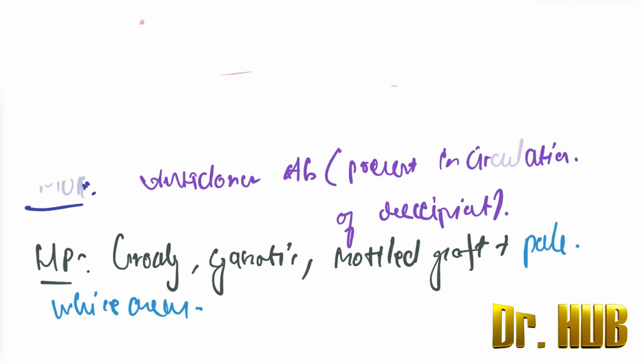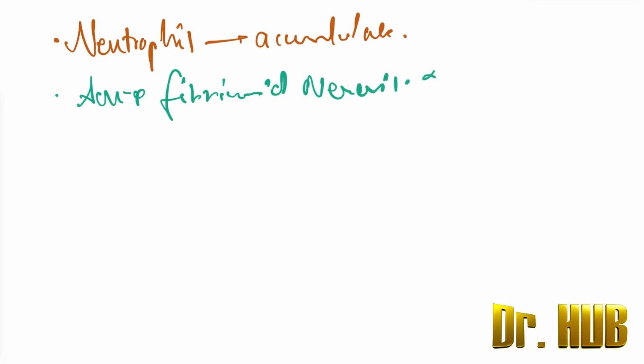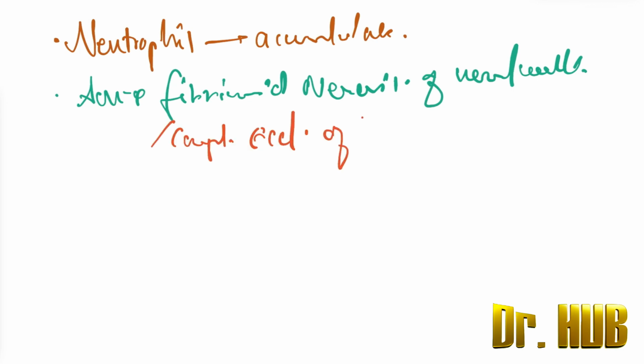There are also neutrophils which accumulate. And then looking at the acute fibrinoid necrosis of vessel walls or complete occlusion by the thrombi.